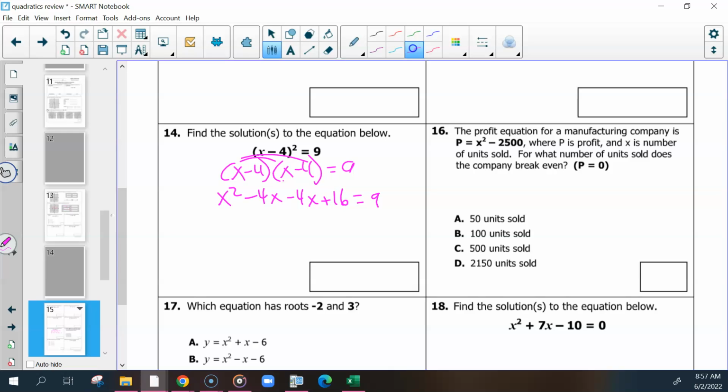Combine like terms and then move over. Factor and then find your answers. Other questions?